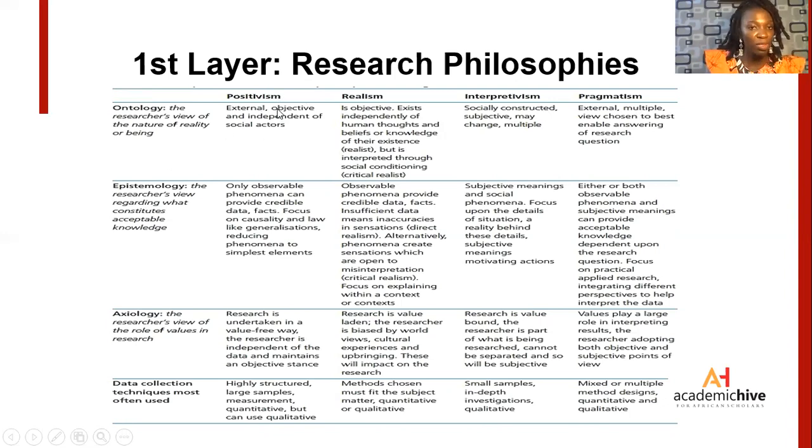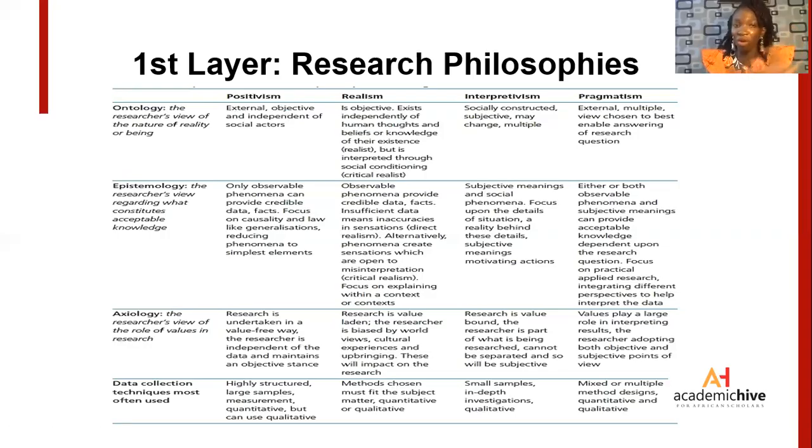Now, the philosophies are positivism, realism, interpretivism, and pragmatism. If your assumption is that you want to make sure that things are always real, you want to ask yourself, which of the philosophies should you use? Should you go for positivism? Positivism shows that you want to be external to the research.